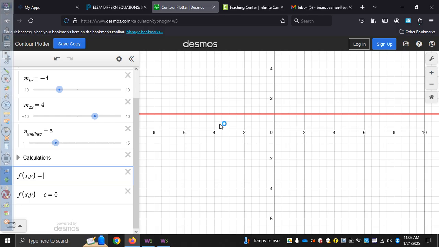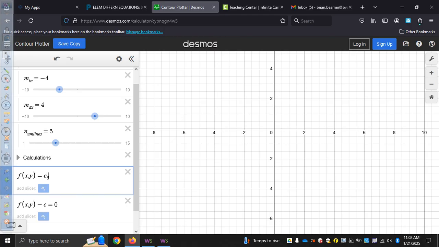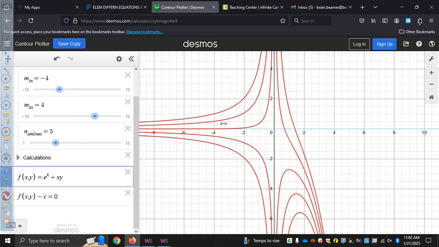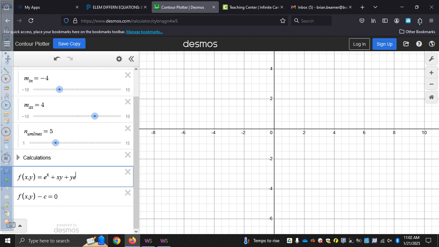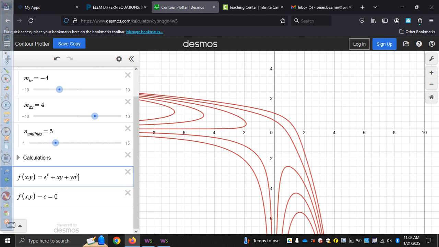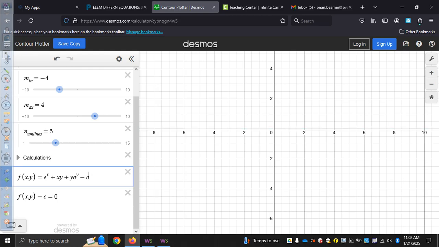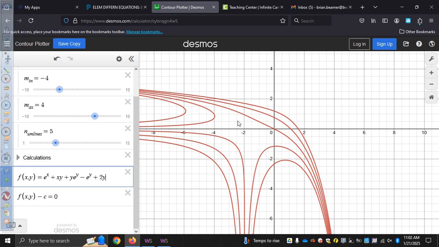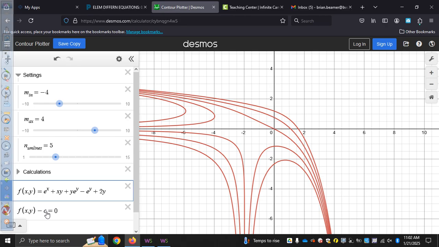So what do we have? e to the x plus xy plus y e to the y minus e to the y plus 2y, and I'm going to put the minus 3 down here.